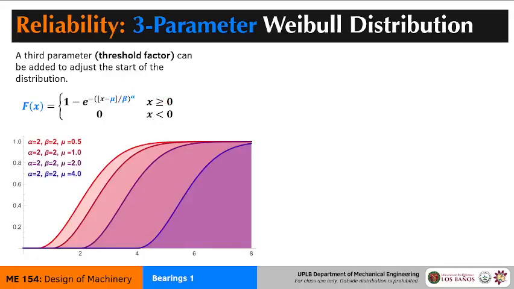So this is an example. As you increase the mu here, the later the rise of the curve occurs. Again, if you increase your threshold factor, the function rises much later.